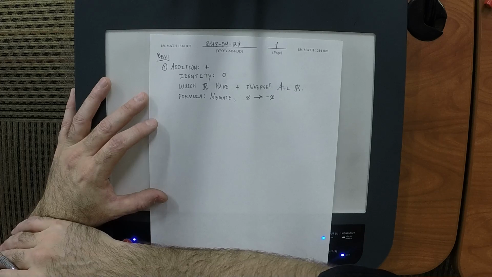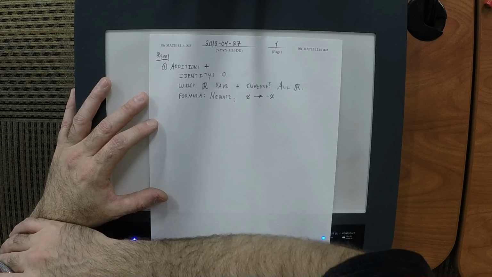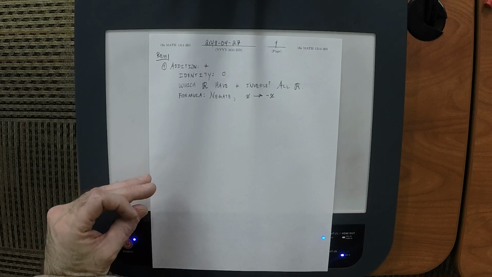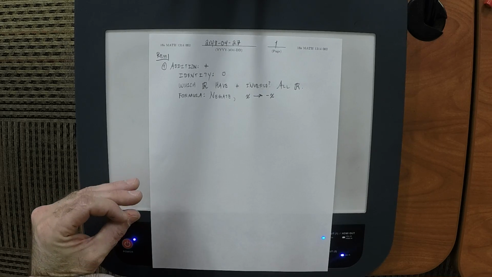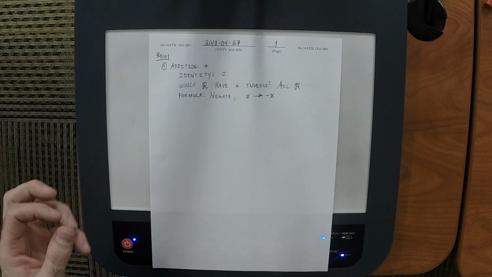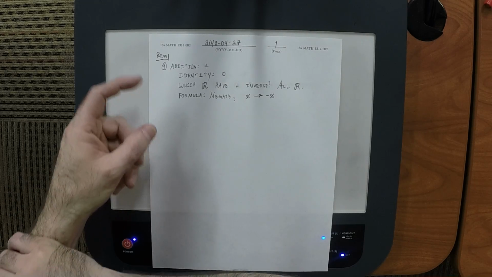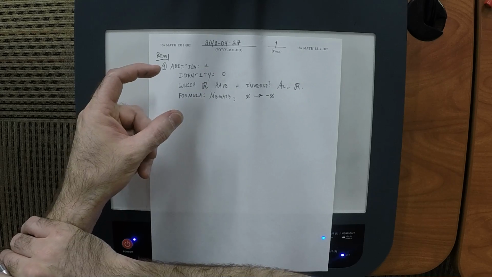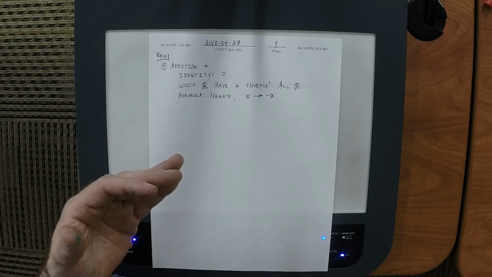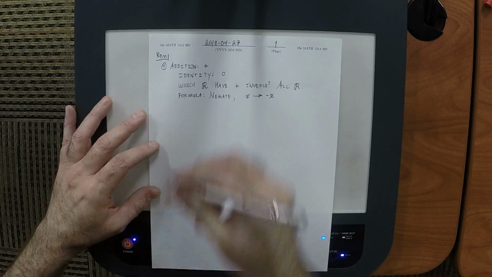Okay. So we've got addition. The identity is 0. All numbers have an additive inverse, and the formula is negation. So in a very strong way, addition is kind of easy. We can just more or less say it all right there. Okay.